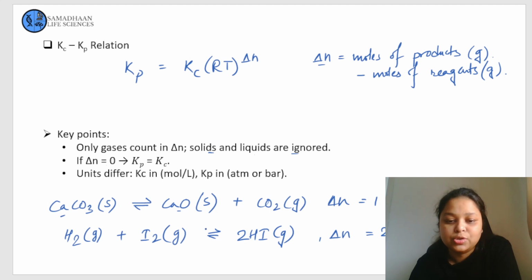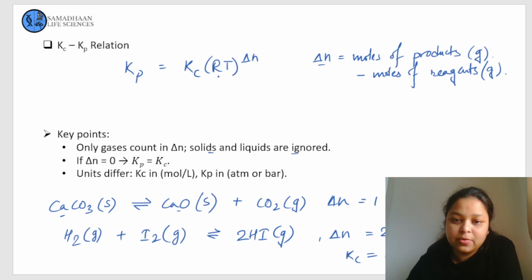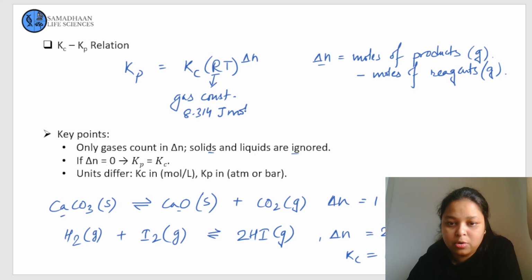So 0. So for this type of reaction, Kc is equal to Kp. Now in this equation, R is gas constant, whose value is 8.314 joule per mole per Kelvin, and T is temperature, which we will always consider in Kelvin unit.